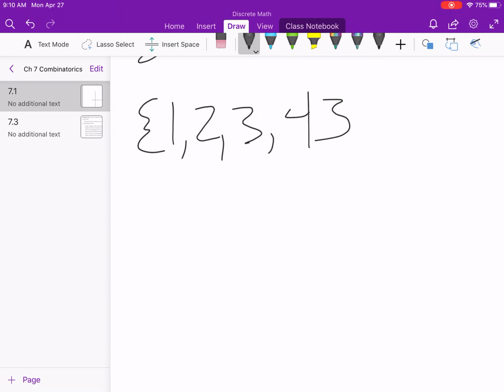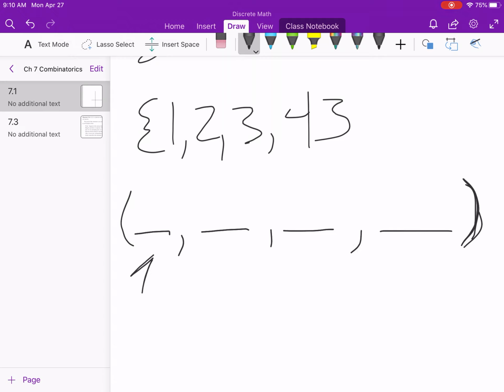Well, we can think of it as a special way of doing the multiplication principle. If I think about how many things can go in the first spot of my tuple, notice I've got a little bracket here. I've got this and this and this.